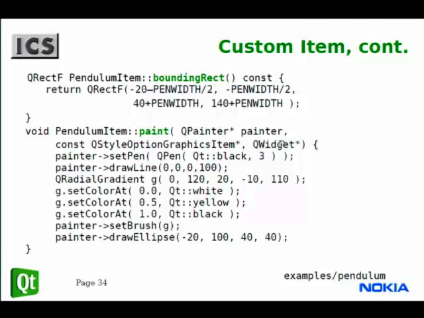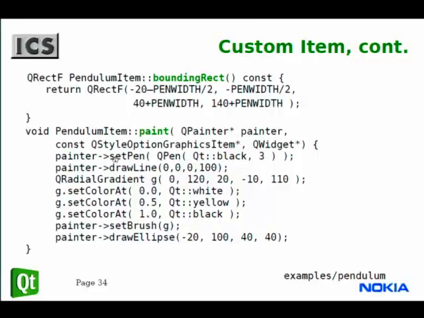The paint method: we are passed a painter that we can paint with, as well as a QStyleOptionGraphicsItem, which gives us additional information about the level of detail and things like that. The painting that we do looks just like it would in a paint method of our widget.